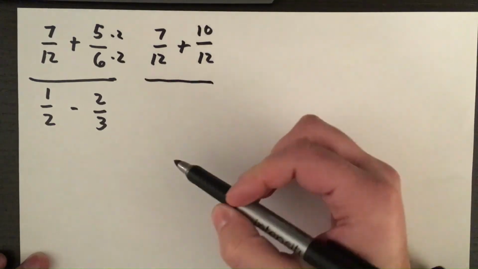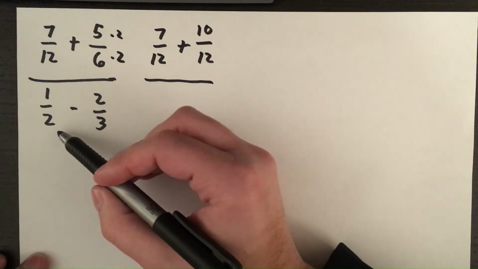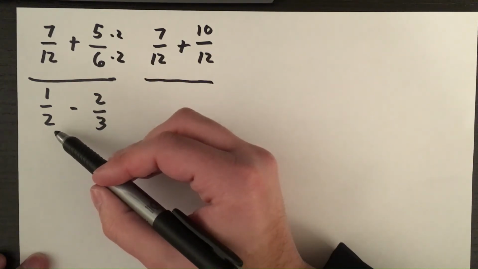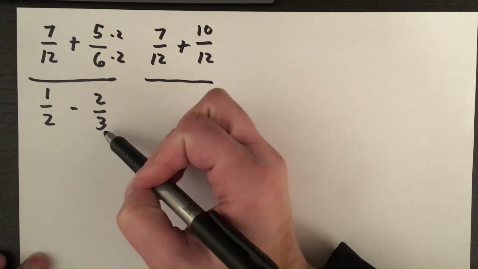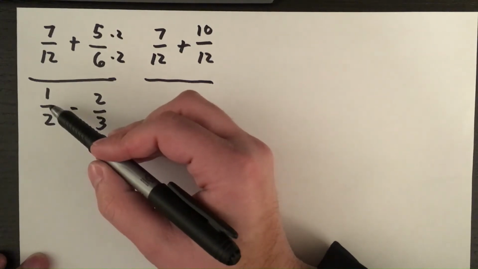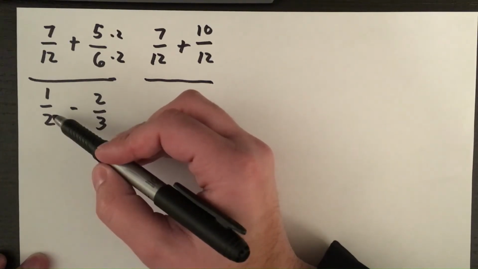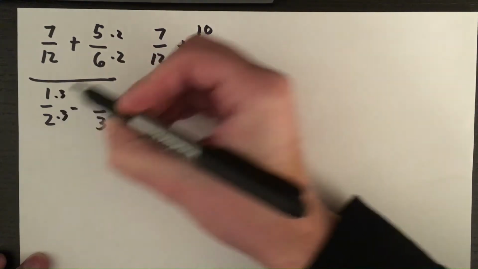And on the bottom here, I'm going to have to do something to both of these. So I'm going to try to get these to have a common denominator of 6. So we'll start over here. I'm going to need to multiply this fraction, both the top and the bottom, by 3 to make that happen. So times 3 times 3.